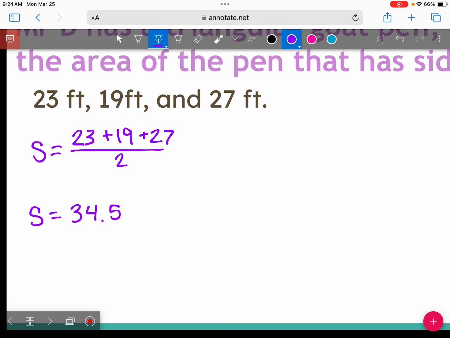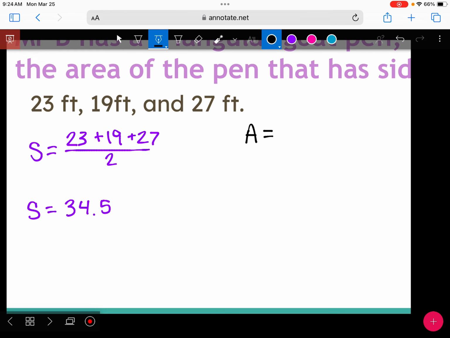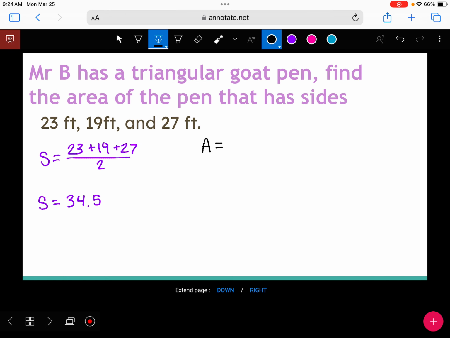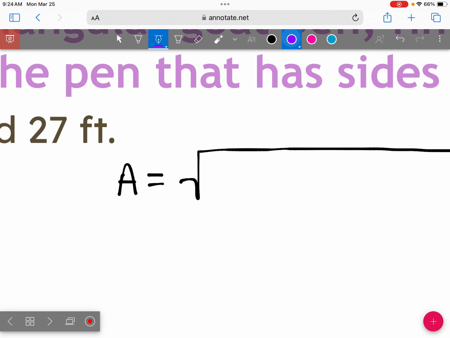Now we're going to use that to fill in our Heron's. Area equals. So we start with having our S all by itself. So we're going to have our 34.5. Then we set up our little subtractions.